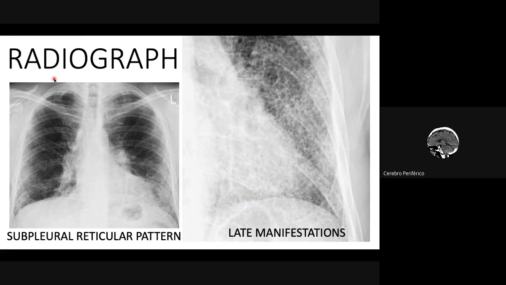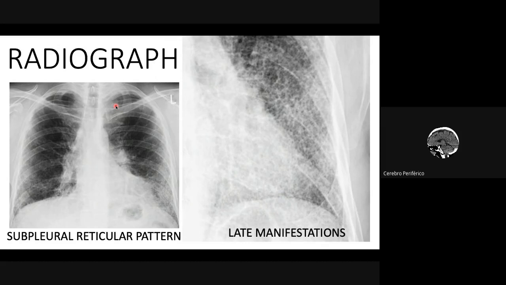But in general, what you can see, especially in intermediate levels of the disease, is a subpleural reticular pattern. Usually at the beginning, the radiograph can be normal, so don't be distracted by this finding.